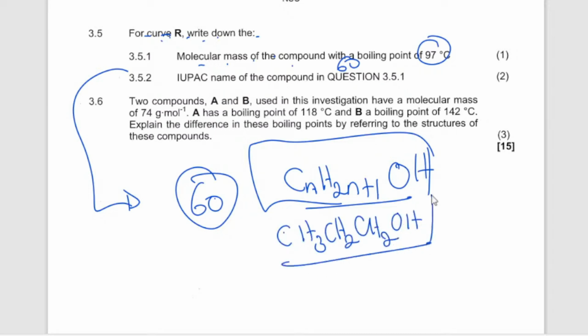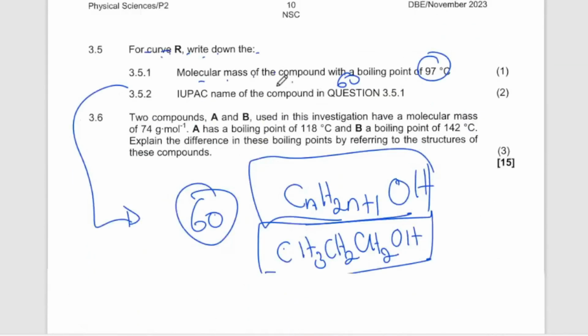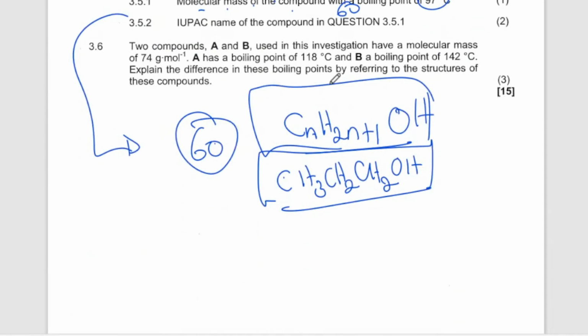Why this? Why not branched? Why not secondary alkyl? Because at the beginning they said these are straight chain molecules, so that rules out the branched ones.